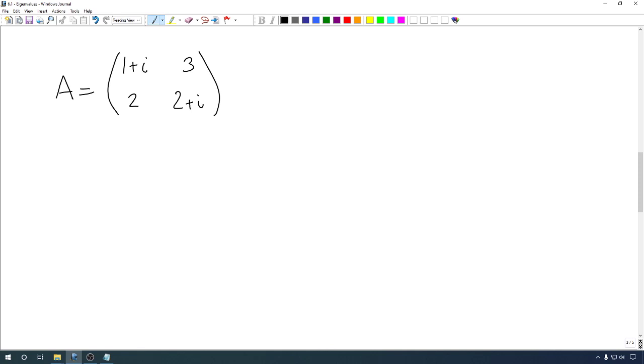The main thing that we might want to actually worry about is remember that when we have, say, z is equal to 1 plus i, we have an idea of the conjugate of z, where we change the sign of the number in front of the i. So z bar would be 1 minus i. We can do the same thing with matrices.